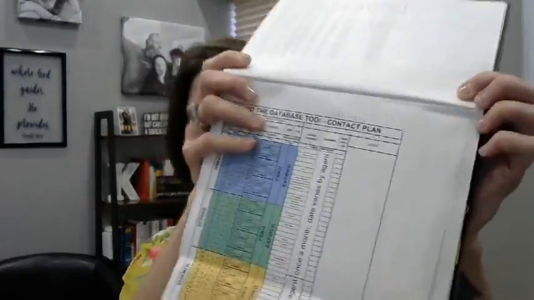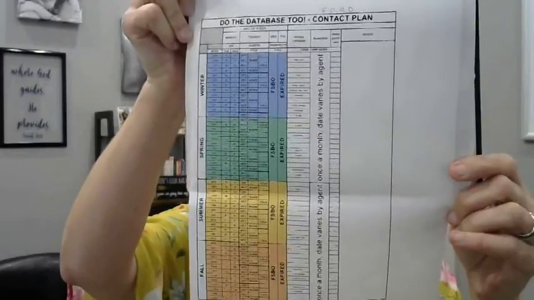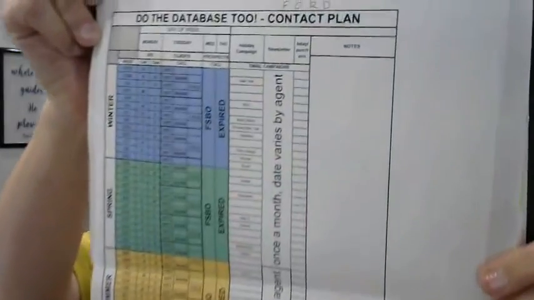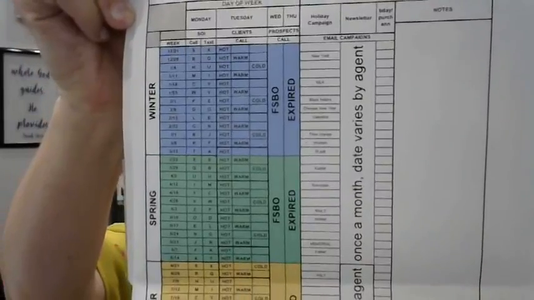So I wanted to pull up and show you, if you have not already seen it, or for some of you who are new to our office, this wonderful thing we call our Do the Two. It is our database contact plan. We'll get a little closer so you can see. On the side, you'll see the weeks listed out.